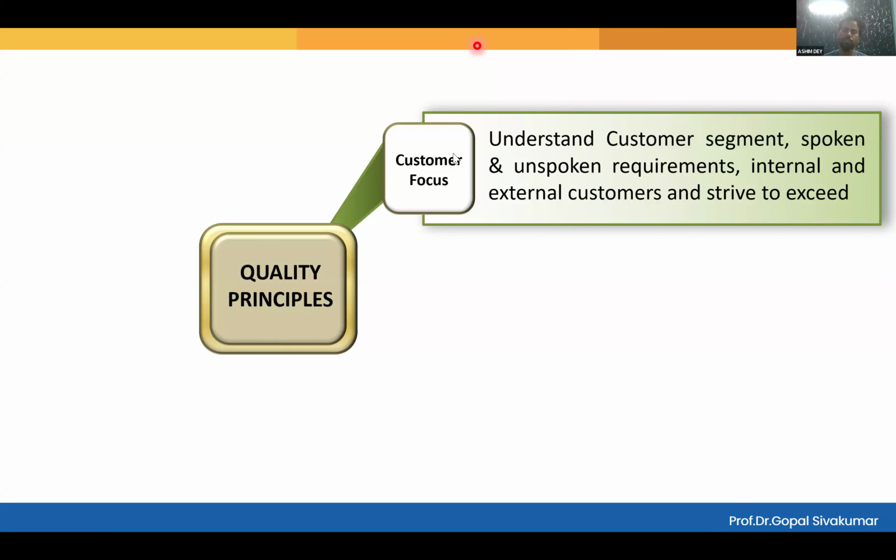So every process, if it is linked to the previous process, then the process that is depending on the other process should be considered as the internal customer. Am I right? Say for example, you produce parts, and all the produced parts go to the assembly department.